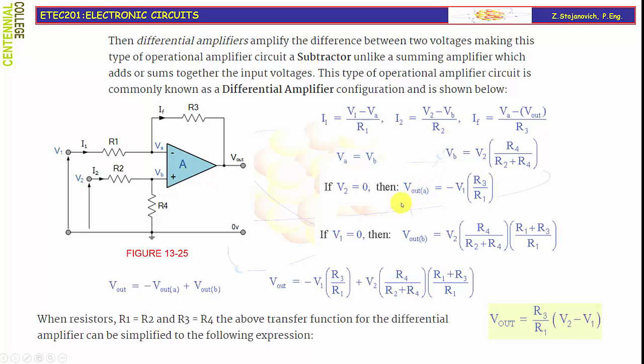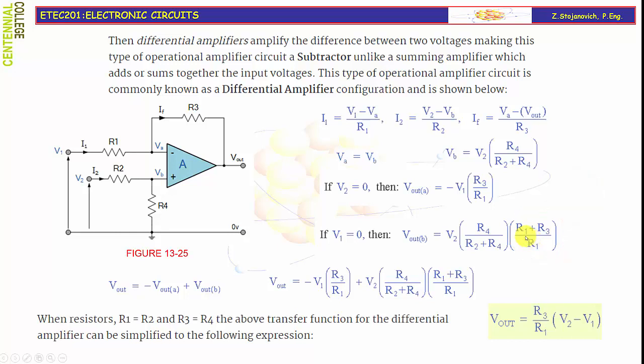To find the second part, we will ground V1, so it becomes 0, and then there will be only V2 acting in a circuit. In this case, the signal is brought to the non-inverting amplifier, and the gain of the non-inverting amplifier applies. We know that the gain of the non-inverting amplifier is 1 plus RF over RI, a gain of the non-inverting amplifier.